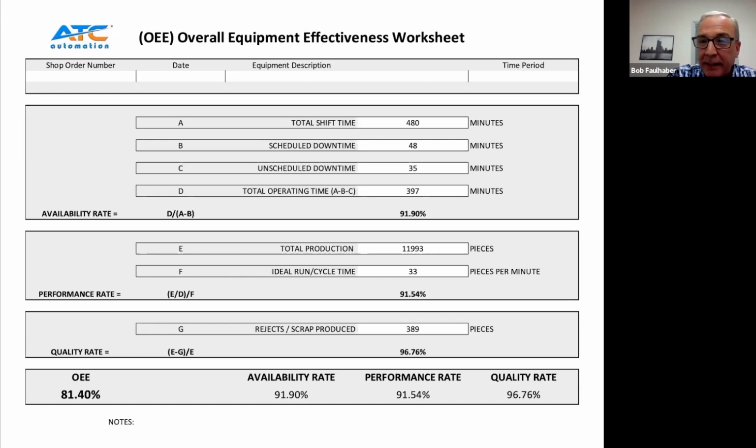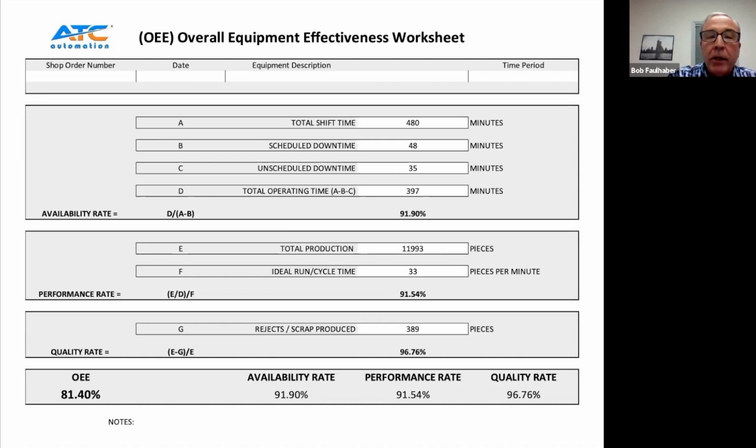See, A minus B. So we have the total actual operating time divided by the available time, and the available time is the total shift time minus the scheduled or planned downtime. Now we have a calculation of 91.9% with those particular values.